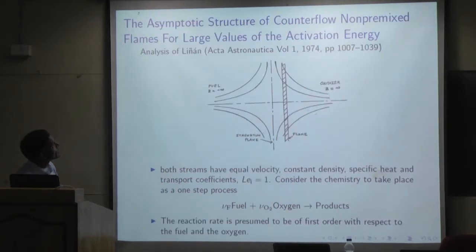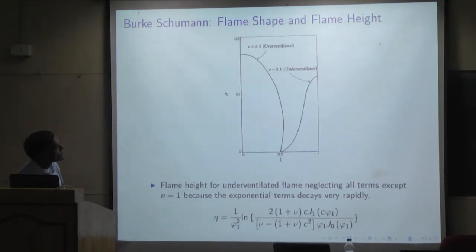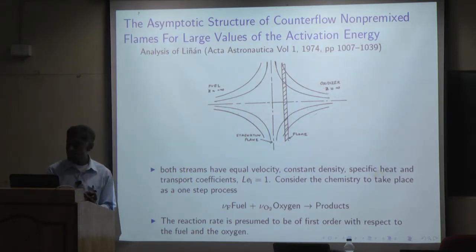The second problem I want to look at is the analysis by Liñán. This is a counterflow non-premixed flame for large activation energy. This is a very classic analysis of a diffusion flame structure. We will use a large activation energy and illustrate that with large activation energy you can predict ignition as well as extinction of this flame.